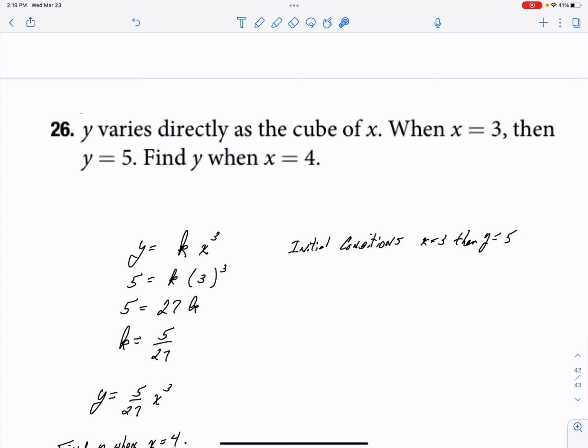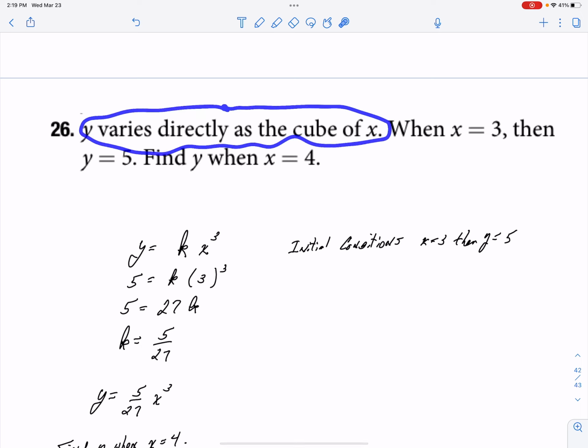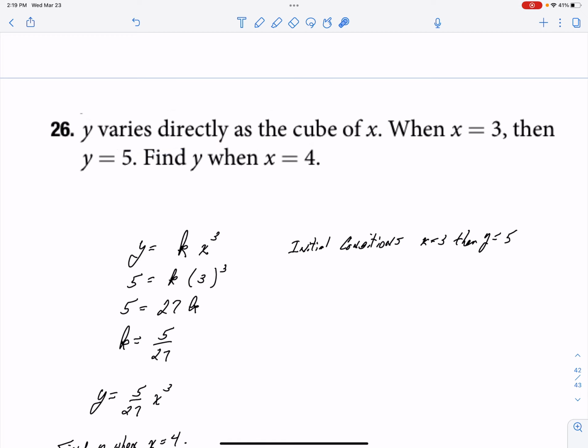They tell us y varies directly as the cube of x. Okay, so what does that mean? Remember, varies directly means y is equal to k times, and then what's my function? The cube of x. So y is equal to k times x cubed.